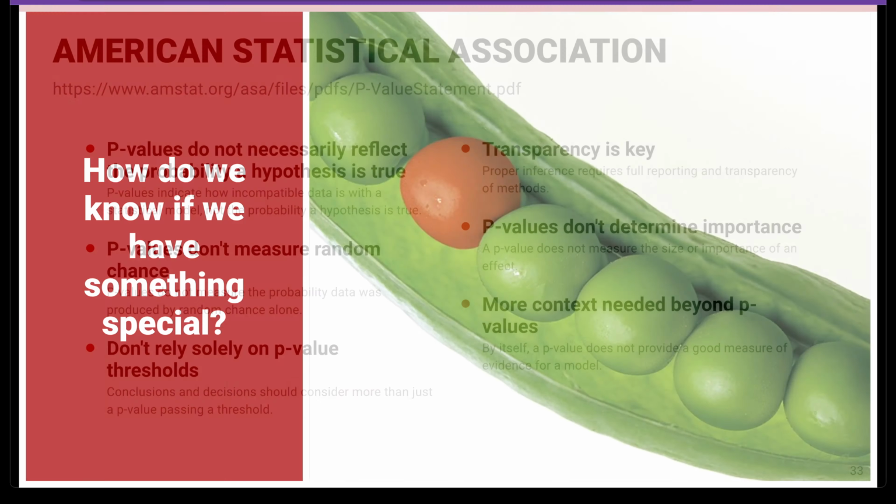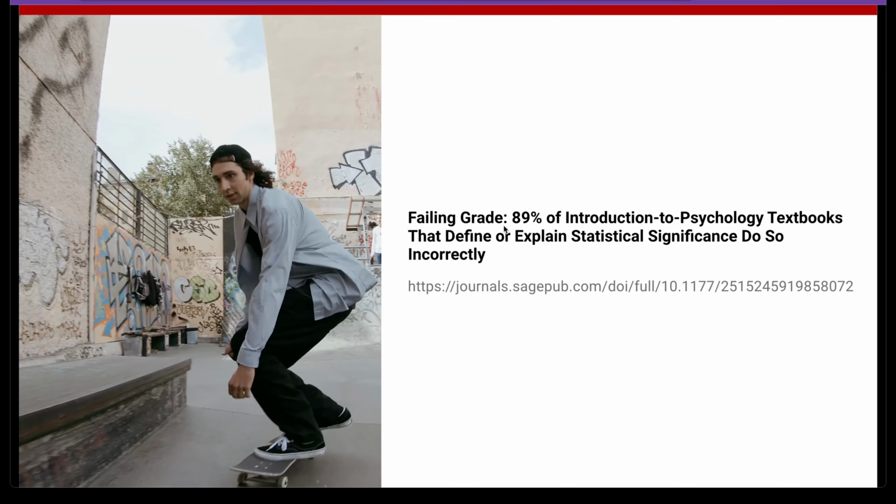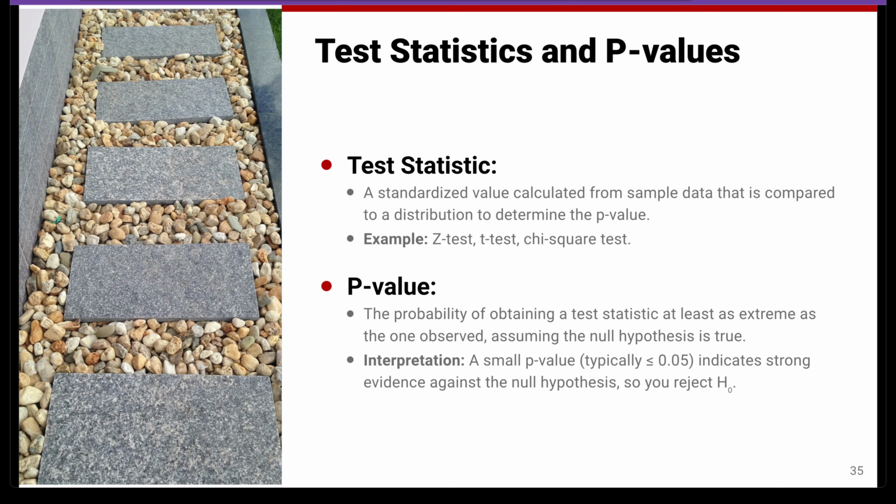So let's go back to the P here. So you go to college, you get a better education, and 90% of introductory psychology books explain if that is significant incorrectly. So that is why I'm less worried about the math and more worried about you understanding the concept of significance.